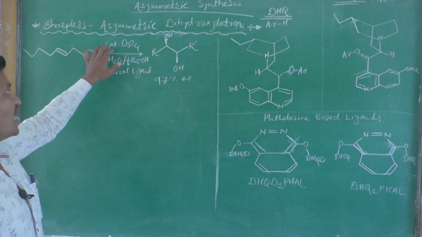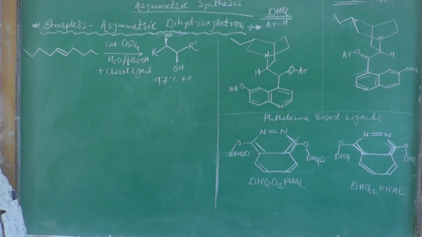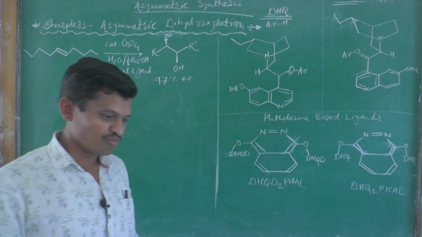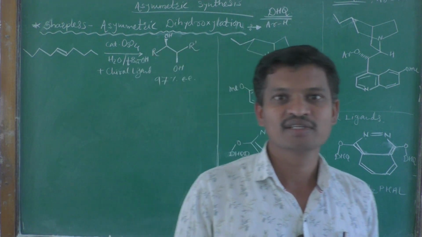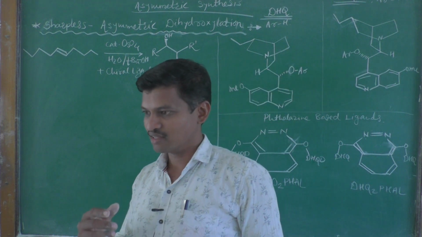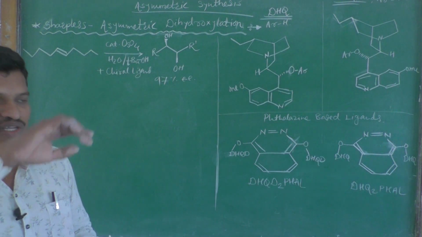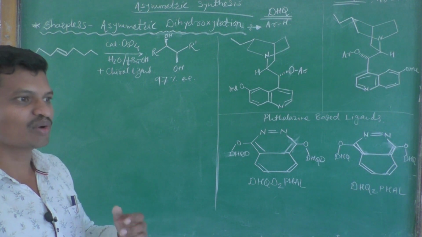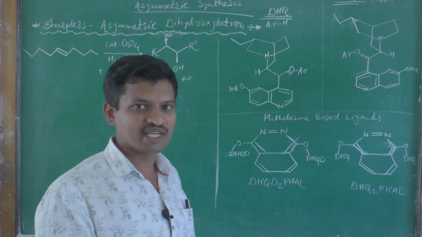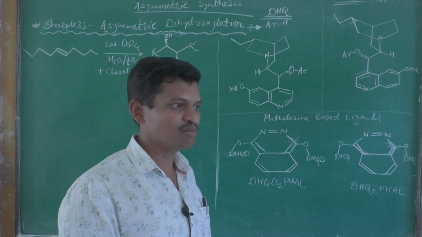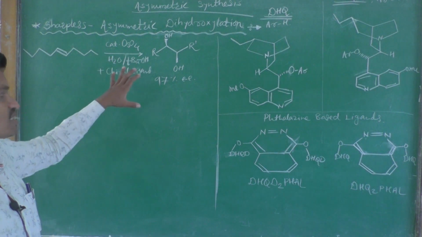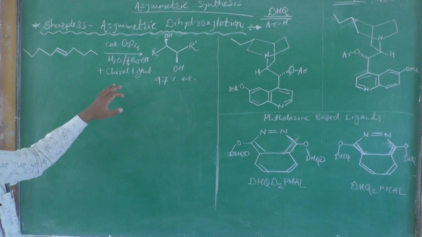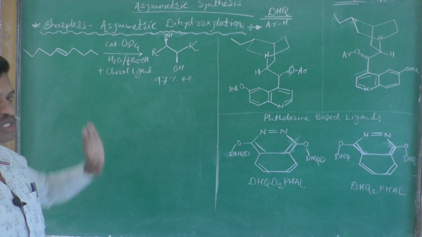Now, as osmium tetroxide is used in a very catalytic amount, there must be some reagent that is oxidizing, converting the osmium produced at the end of the reaction cycle, so that osmium tetroxide is regenerated in the reaction mechanism. Such a reagent must be present so that we require only a very little catalytic amount of osmium tetroxide.